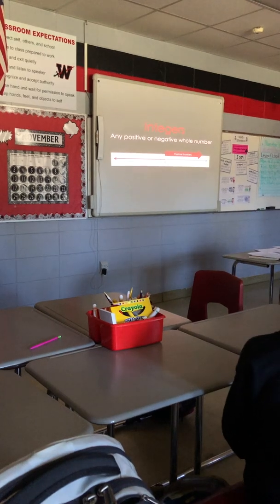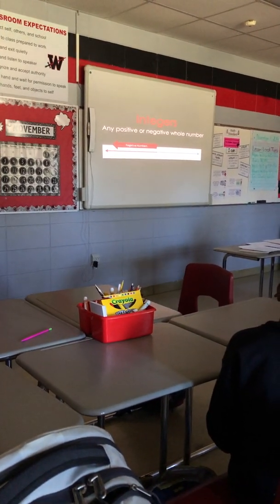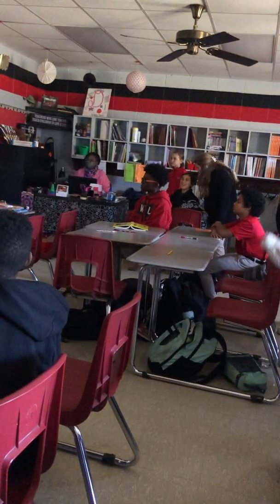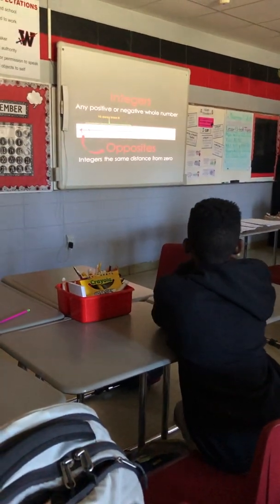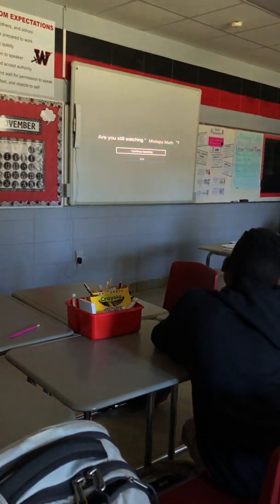Numbers to the right are positive. Numbers to the left are negative. And where the 0 is, that's relative. Cause numbers the same distance are opposites. Like 6 and negative 6, negative 10, 10 positive. Are you still watching? I'm asking like I'm Netflix.